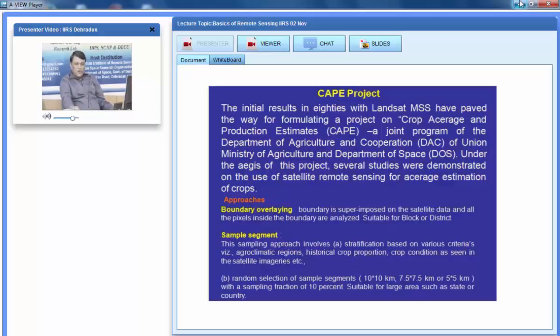The boundary overlaying approach is nothing but superimposing an administrative boundary over satellite data, and all the satellite pixel values inside this administrative boundary you mask out or extract. Then ground-truth-oriented or ground-supervised classification is performed for this block and district level.